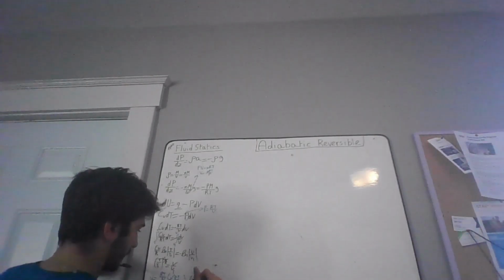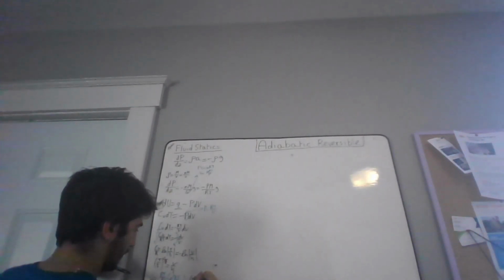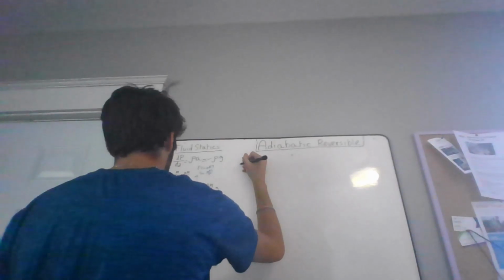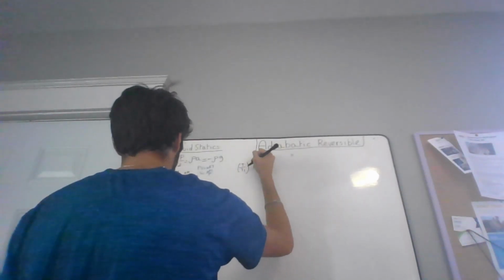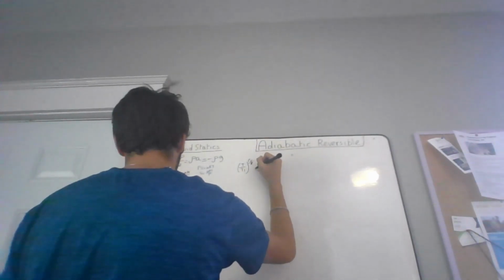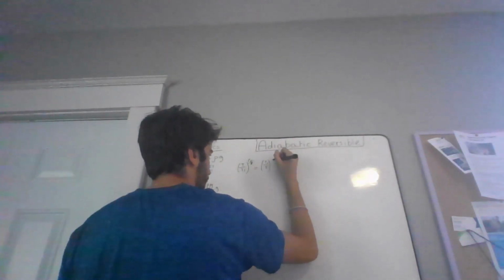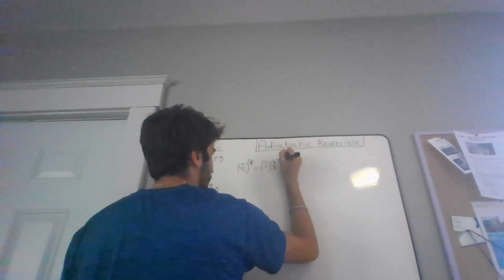As you can see, R is common, so those cancel out, so that we end up with T1 P over P1 T. Then we bring this up here and keep working this out so that we end up with T over T1 to the power of CV over R is equal to T1 over T times P over P1.